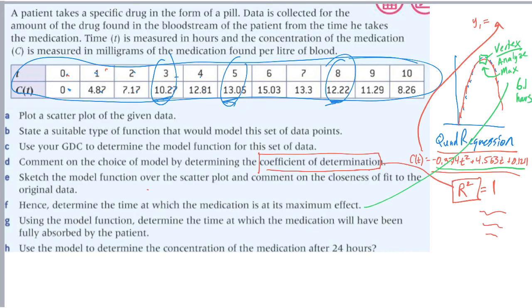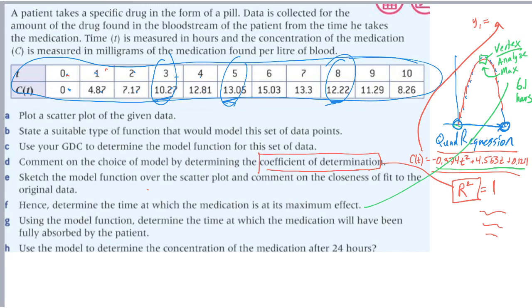Okay? Then the next question is, using the model function, determine the time at which the medication will have been fully absorbed by the patient. Fully absorbed means that the concentration is back to 0. So we're assuming that we got 0, 0 here. From the 0, 0, we now need to find where it crosses, because at that point in time the concentration will be back to 0 and the medication will be totally absorbed by the patient. So go ahead and calculate that.